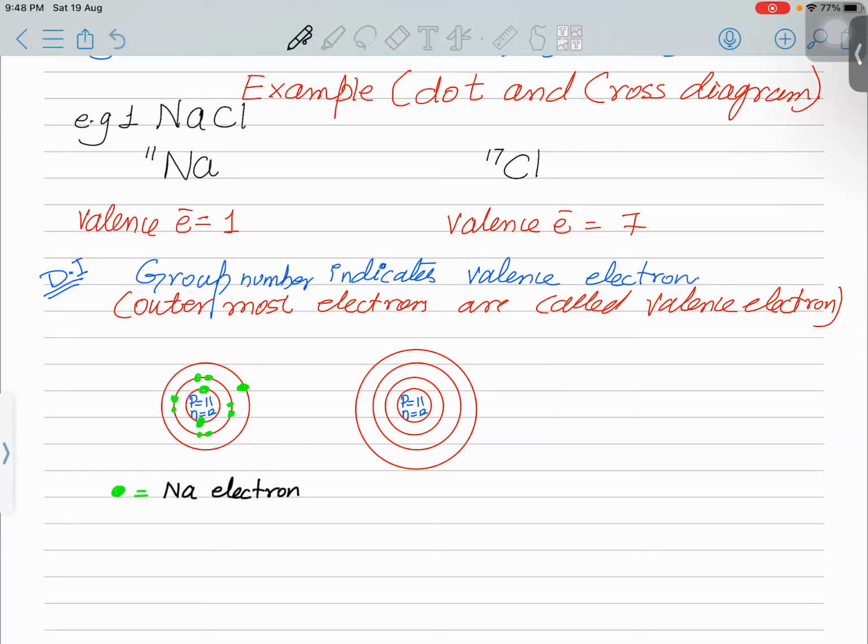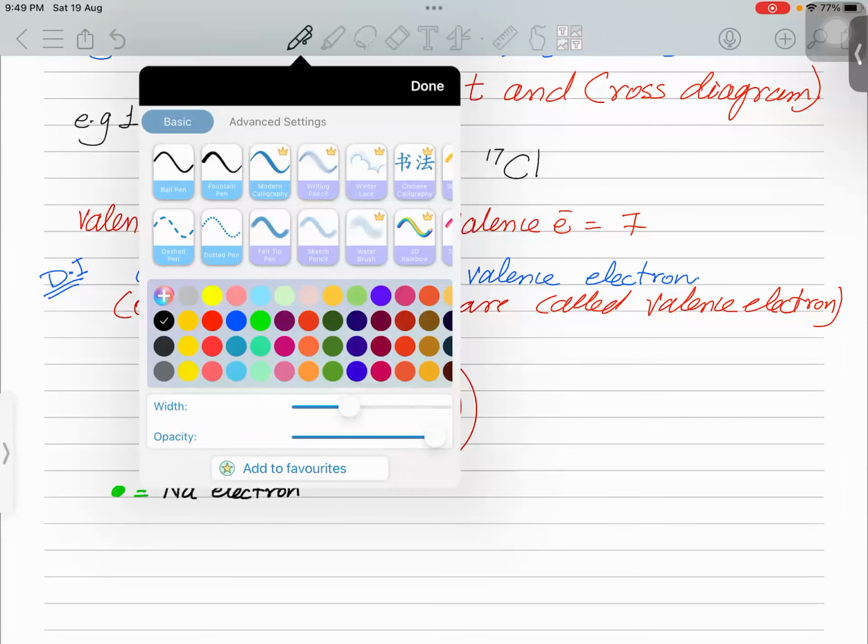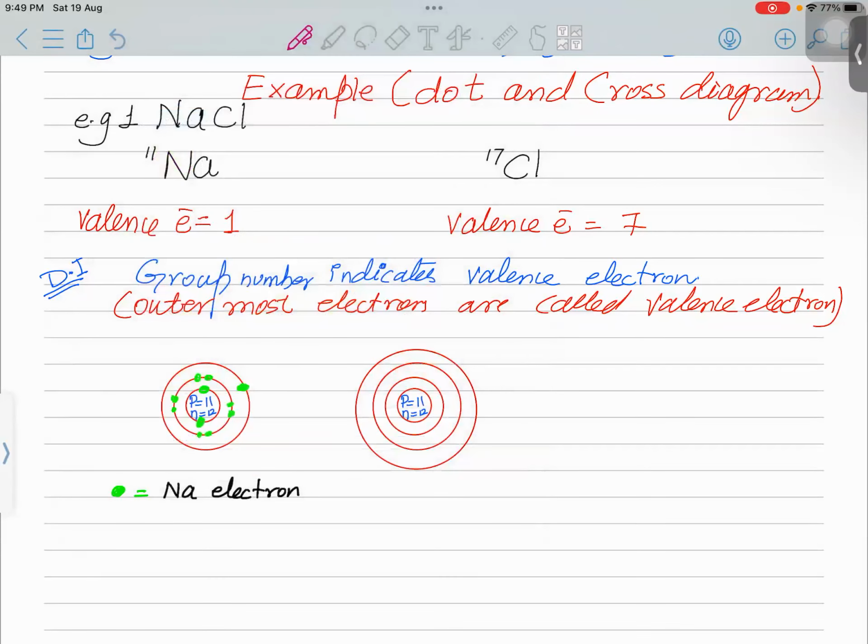Now look at another example of chlorine. Chlorine has 17 electrons: 2, 8, 7.